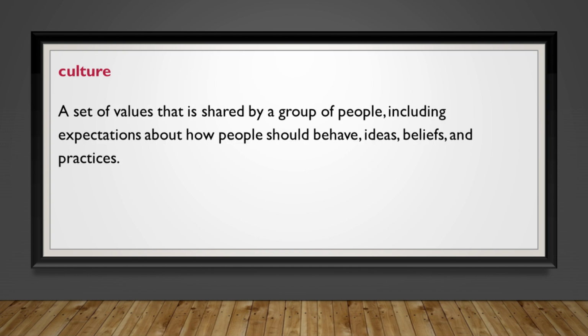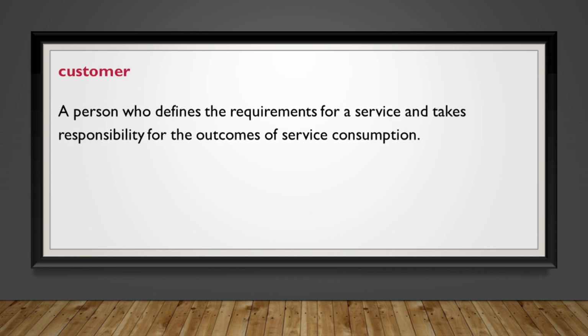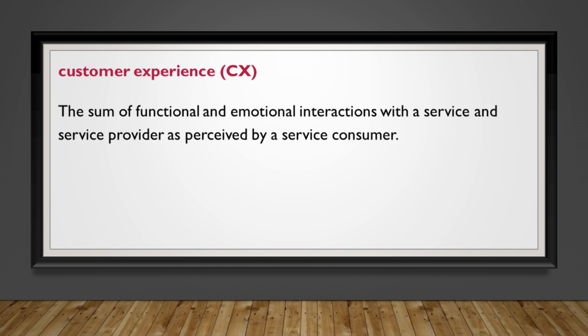Culture. A set of values that is shared by a group of people, including expectations about how people should behave, ideas, beliefs, and practices. Customer. A person who defines the requirements for a service and takes responsibility for the outcomes of service consumption. Customer experience, CX. The sum of functional and emotional interactions with a service and service provider as perceived by a service consumer.